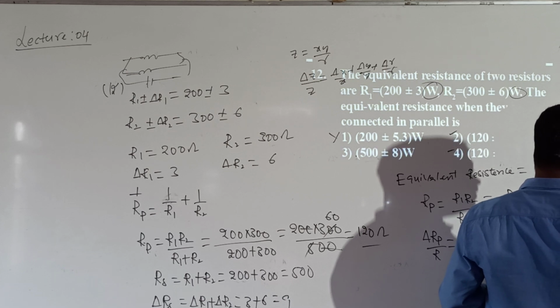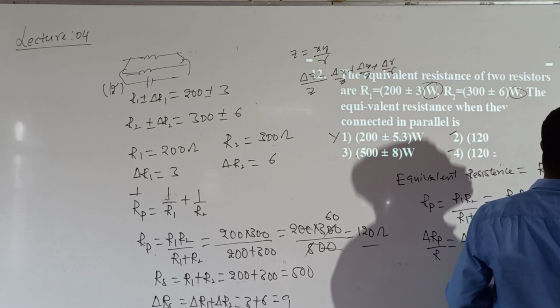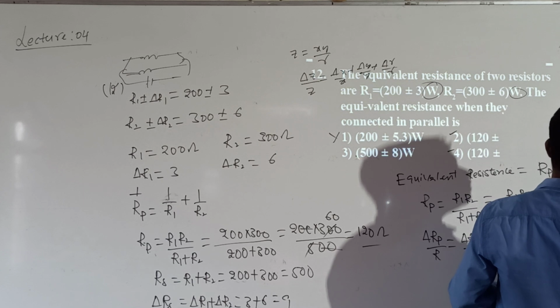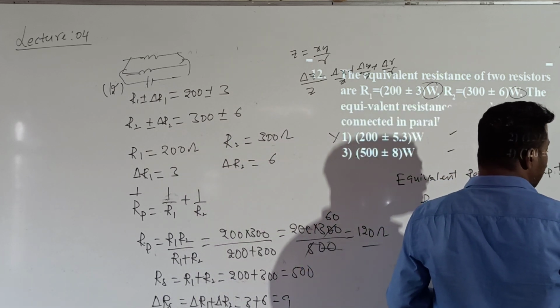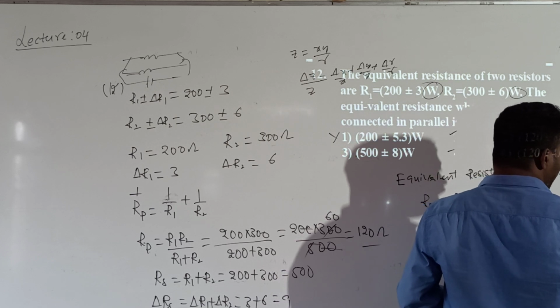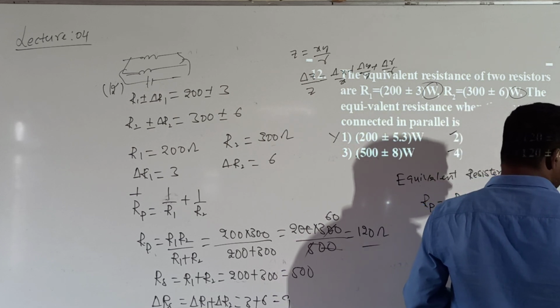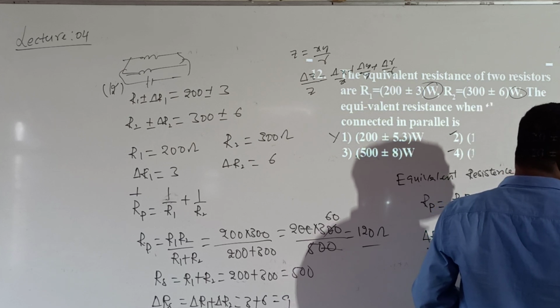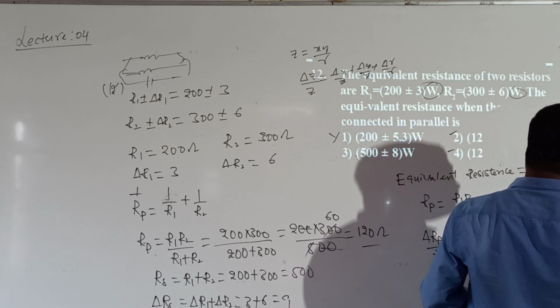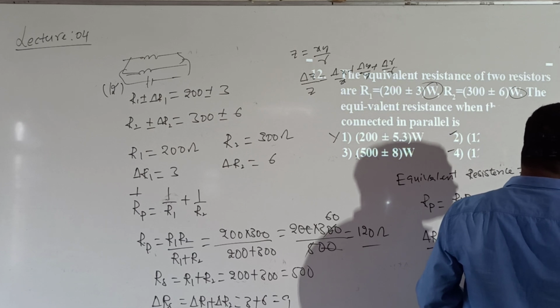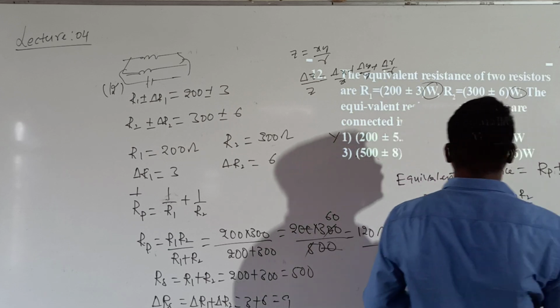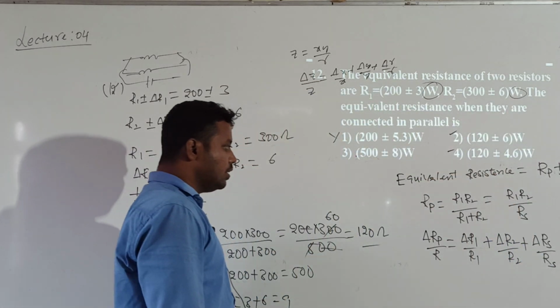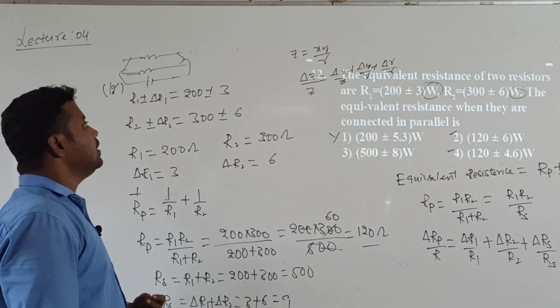You simplify this, and you will get the delta Rp value of 6. When the delta Rp value is 6, the equivalent resistance will be Rp plus or minus delta Rp. So the Rp value 120 plus or minus 6. Second option we are getting. Okay? So plus or minus 6.